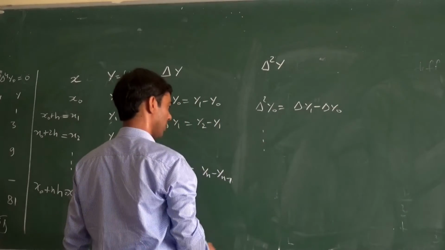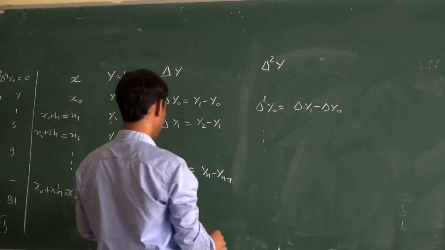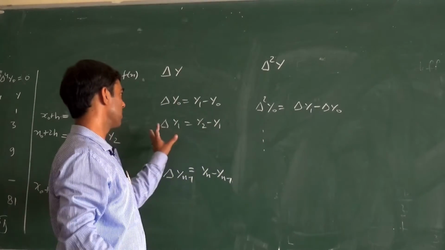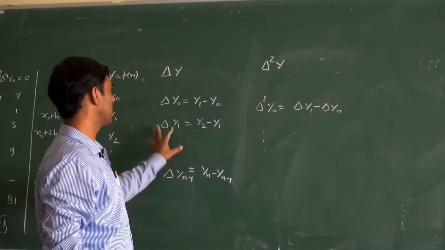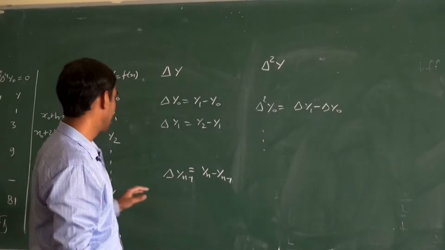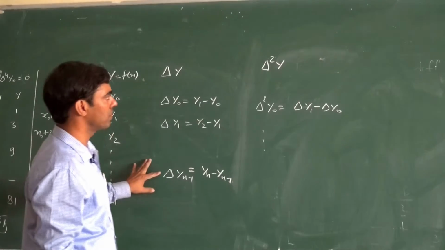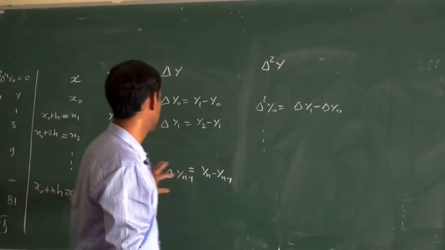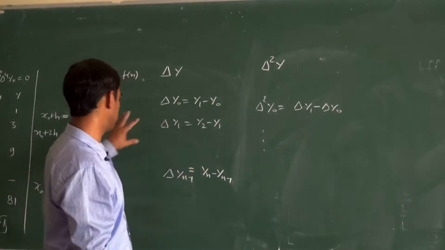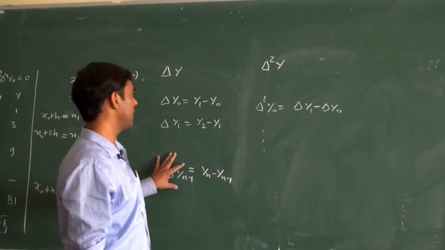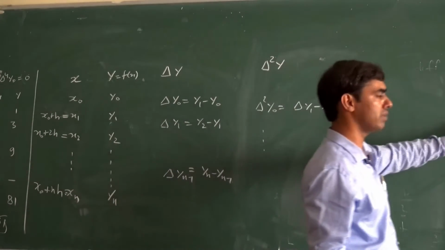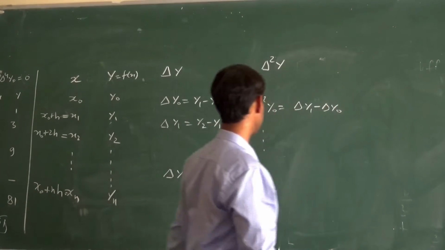There is one term less than the previous column. As the order increases, the number of terms decreases one by one. Here, if there are n plus 1 terms, then there are n terms, n minus 1 terms, n minus 2 terms, n minus 3 terms, and so on.